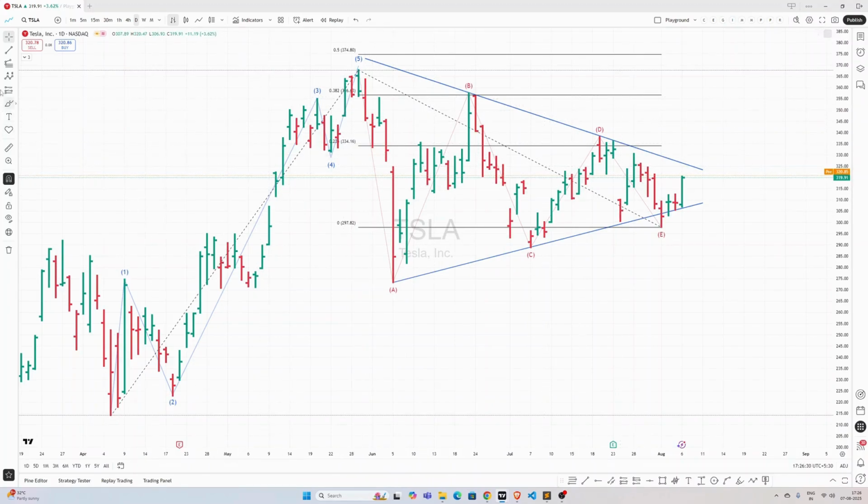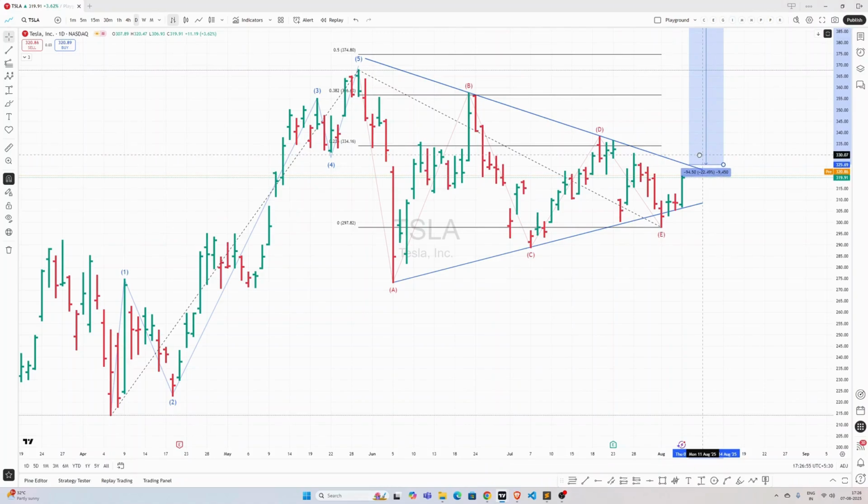So in this case, if I take the measurement tool, then this is the maximum height of this triangle, right? Because this leg is the largest one. This is smaller, and this is even smaller, right? So now you can take this maximum height of the triangle and project it at the breakout point.